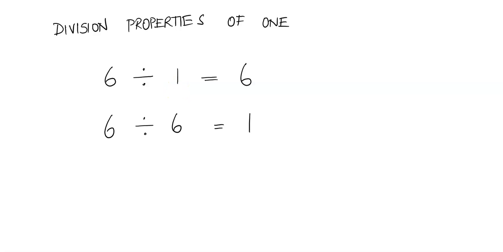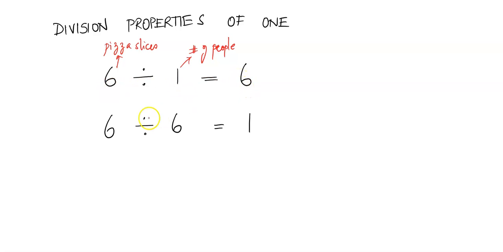Okay. So let's use pizza for an example. So this will be 6 pizza slices, and this will be the number of people. So 6 pizza slices for 1 person.